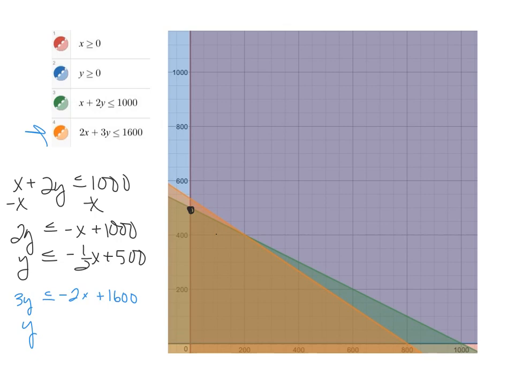Divide everything by 3: y less than or equal to negative 2/3 x plus, 3 goes into 1,600 not evenly, 533 1/3, which you see right here. It's my y-intercept. And my slope is negative 2/3, which is a bit steeper.